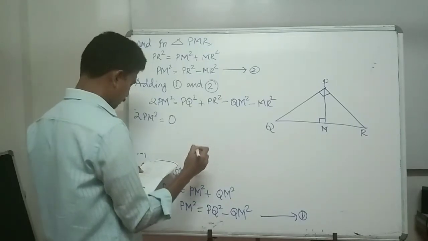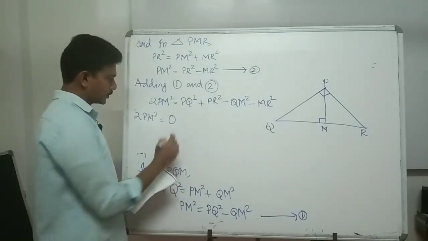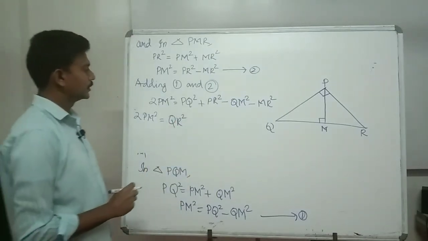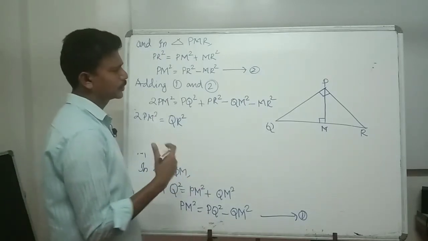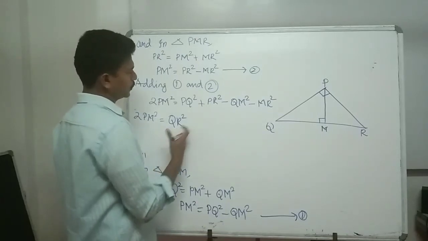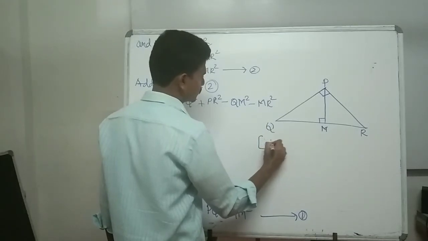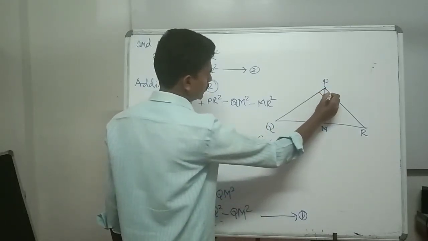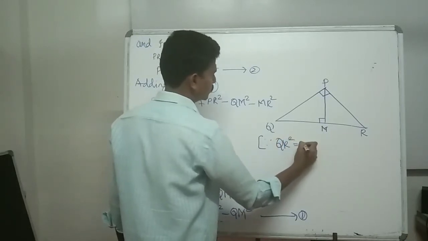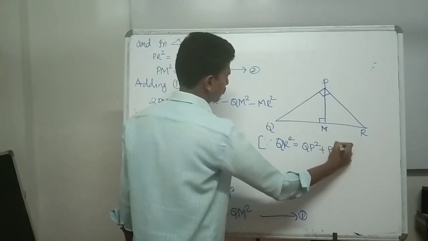I am just checking the name, as it is given as QR; RQ also is no problem. Using Pythagoras theorem, P is 90 degrees, QR is the hypotenuse, so QR square is equal to QP square plus PR square.